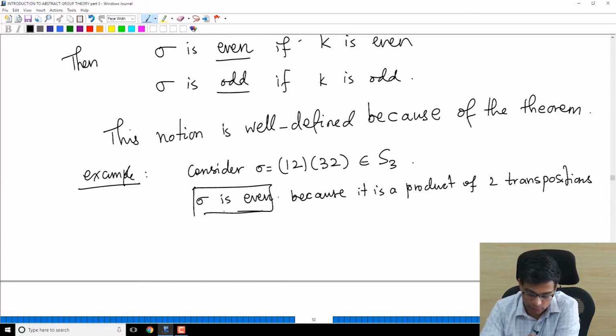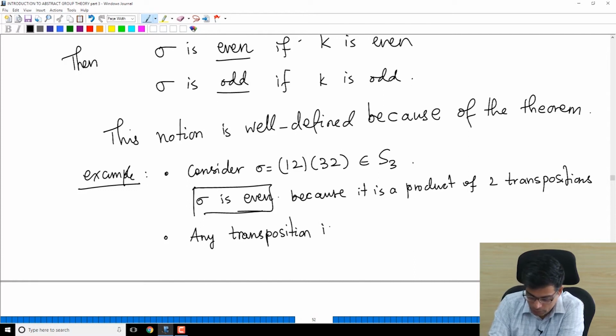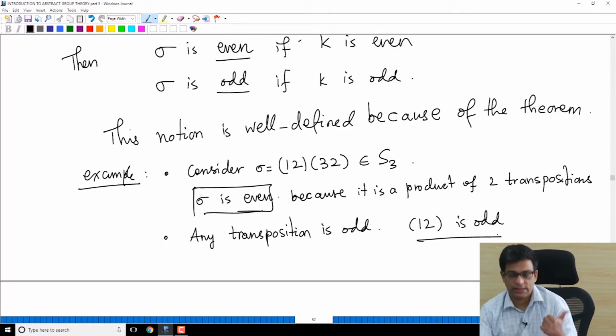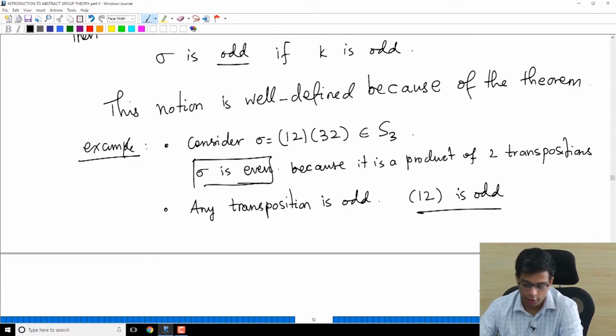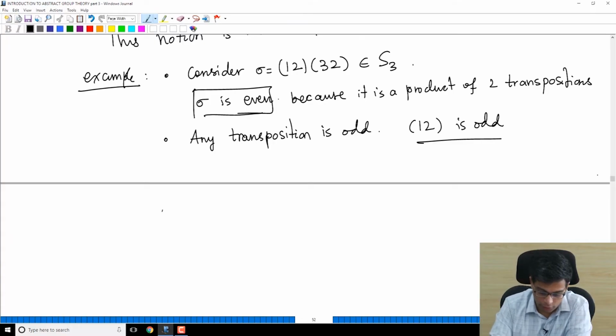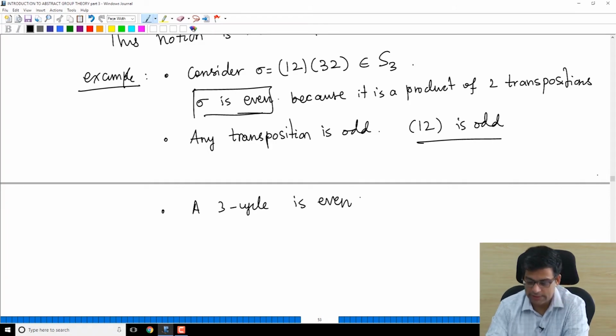So sigma is even. On the other hand, another example is that any transposition is odd, right? Because if you take (1 2), it requires exactly one transposition, so it must be odd. What about a 3 cycle? I claim a 3 cycle is even.